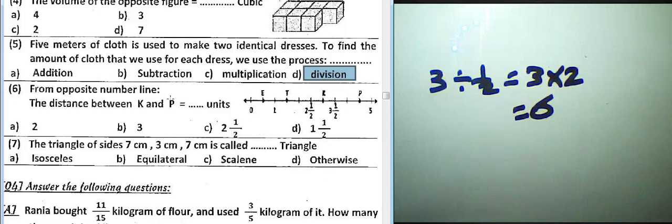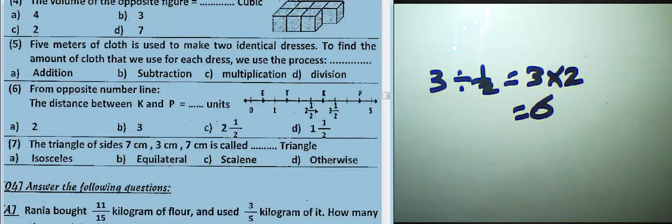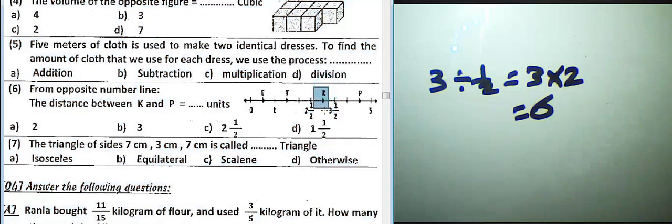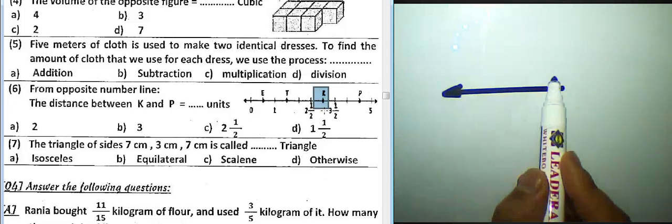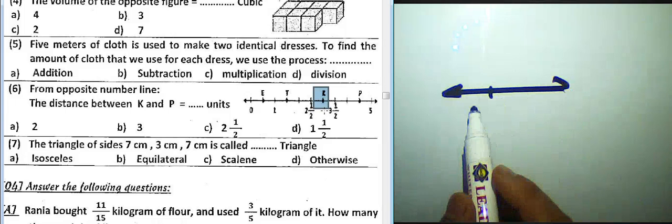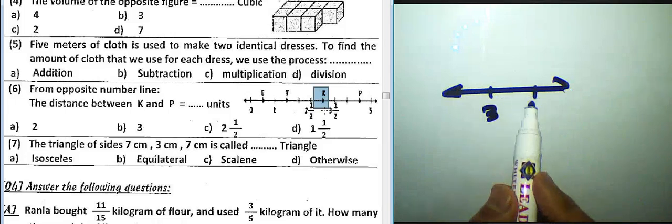Question 6. From the opposite number line, the distance between K and B. Look here. K lies between 2.5 and 3.5. It will be 2.5 plus half equals 3. Okay, K equals 3, because the distance between each point equals half.